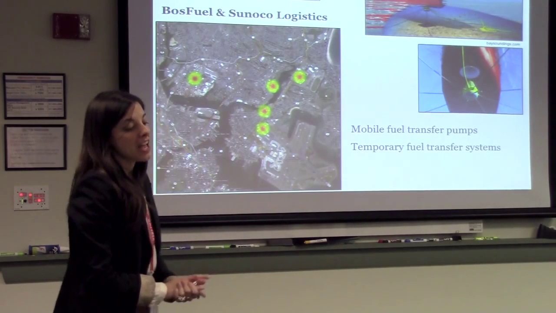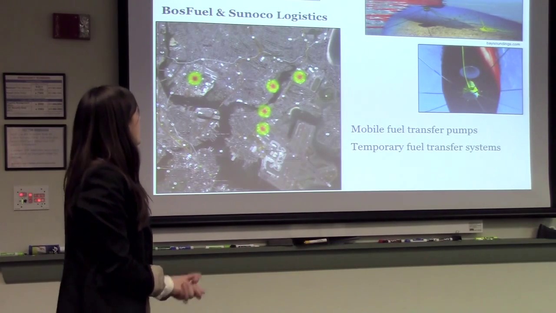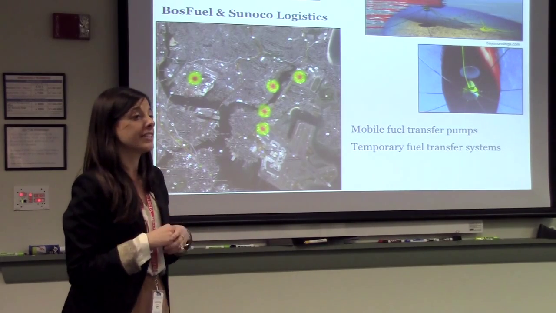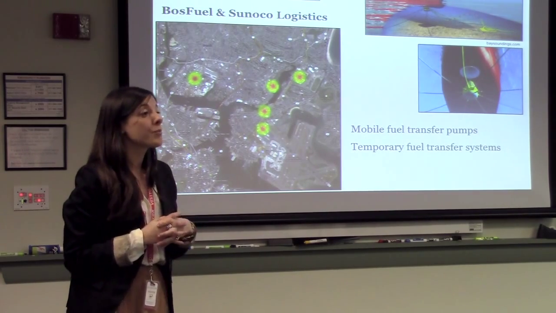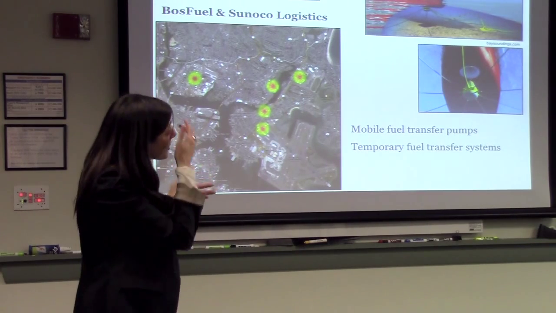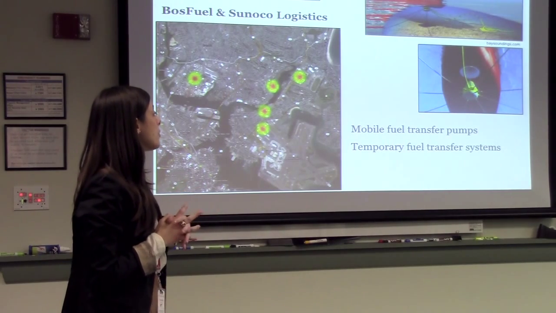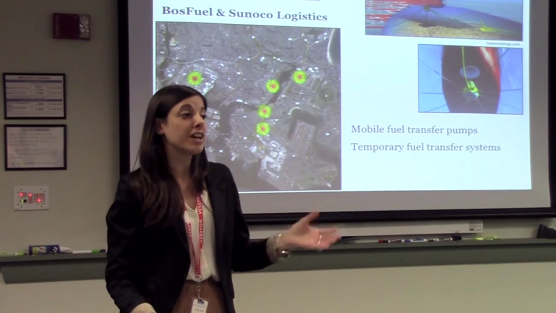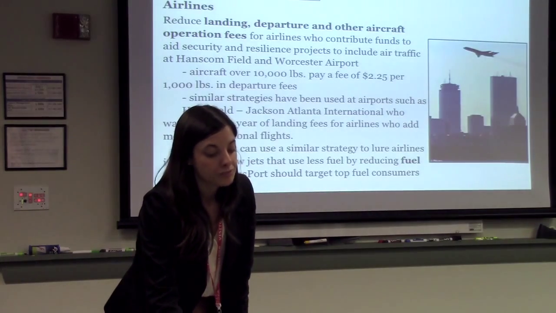As regards the fuel system, we learned that Sunoco Logistics provides the fuel through barges, and then Fuel operates the system. One idea that the transportation group and the fuel group had in their negotiations is to implement a system that is currently being put in place in Florida: a mobile and temporary fuel transfer system so that we can get the fuel there in spite of any high-level tides.